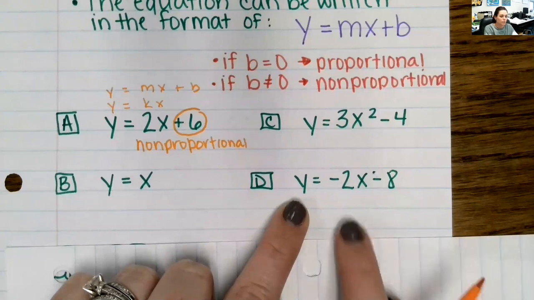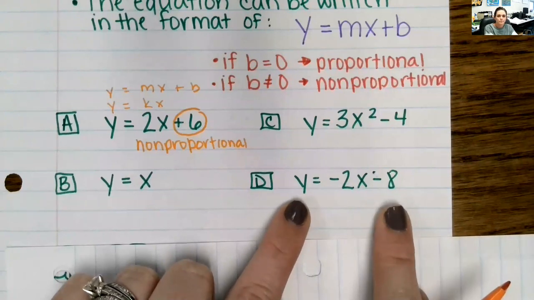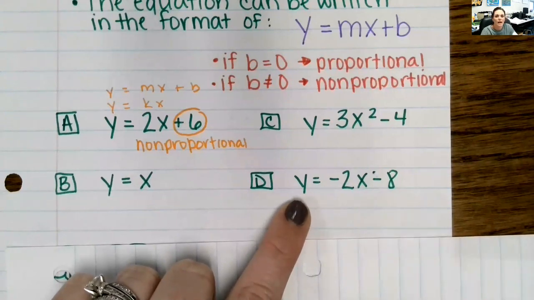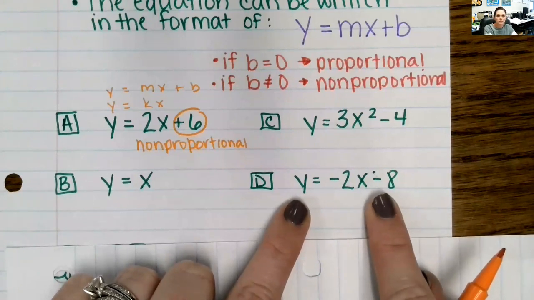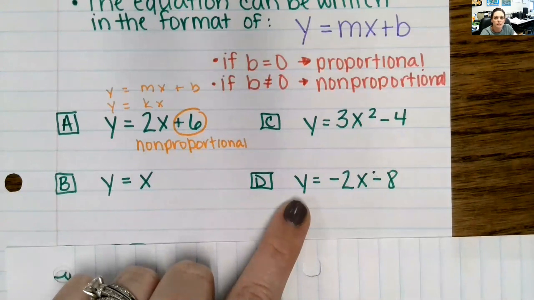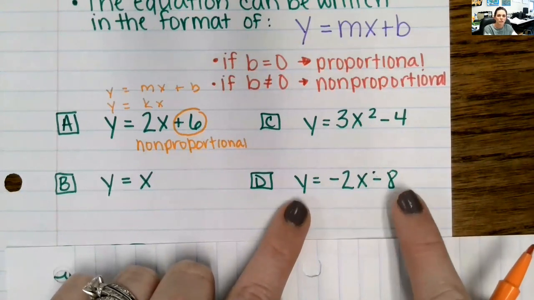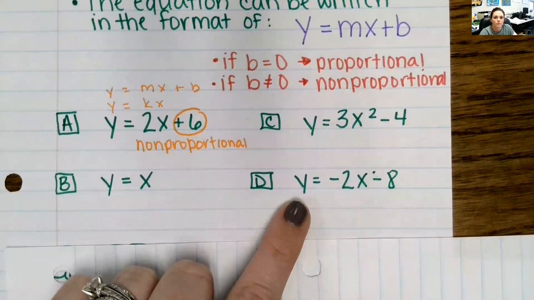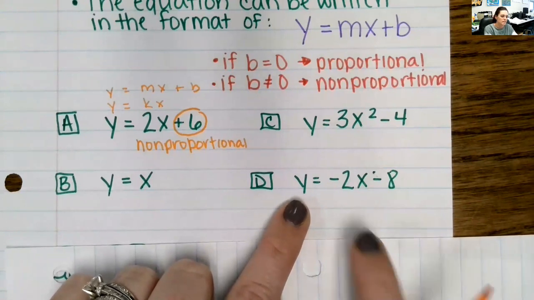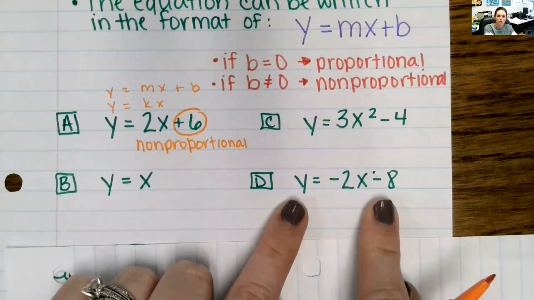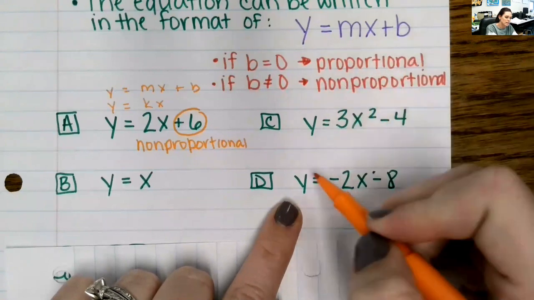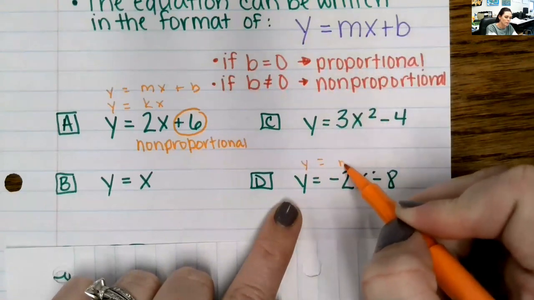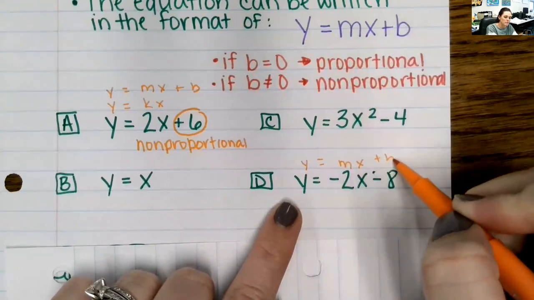Jasmine, proportional, non-proportional, or not linear? Non-proportional. Okay. Hernandez, proportional, not proportional, or not linear? Not proportional. All right. Gavin, proportional, non-proportional, or not linear? Not proportional. Okay. And Perez, proportional, non-proportional, or not linear? Non-proportional. All right. So it is correct and non-proportional because it lines up with my y equals mx plus b.